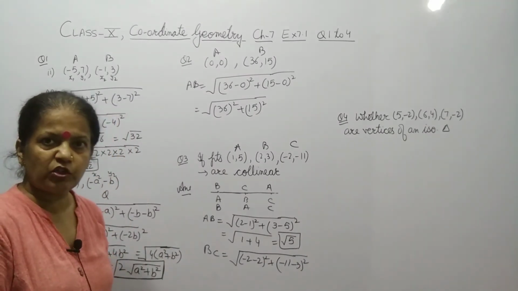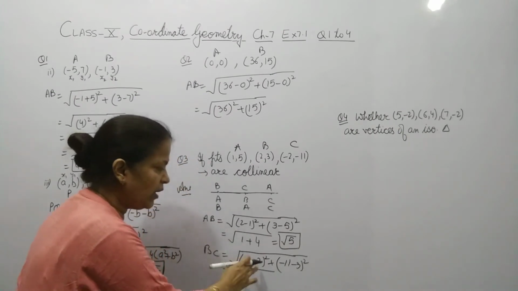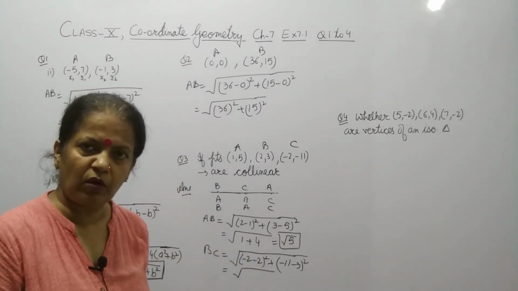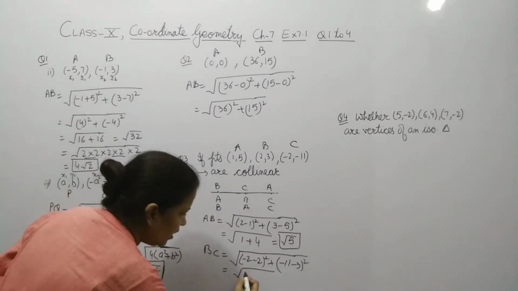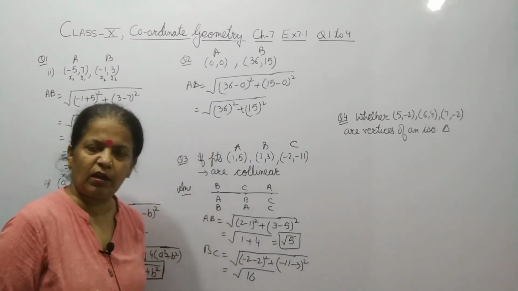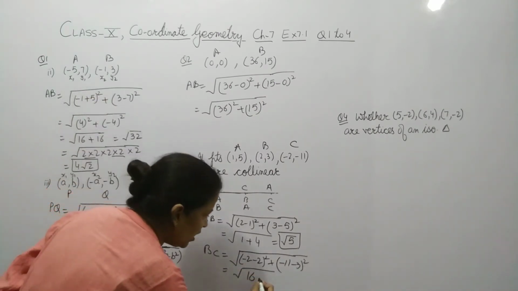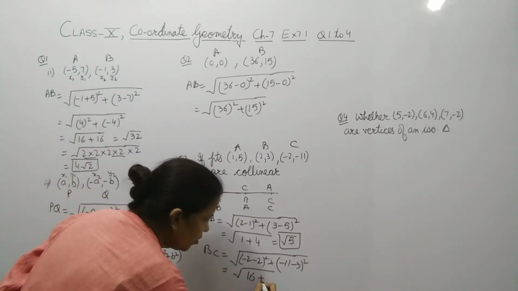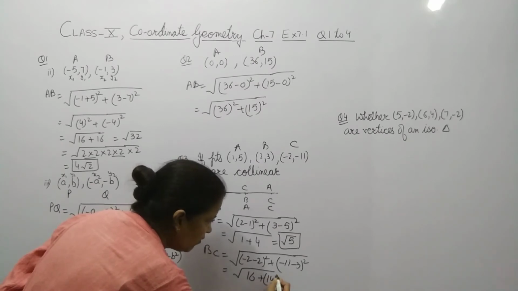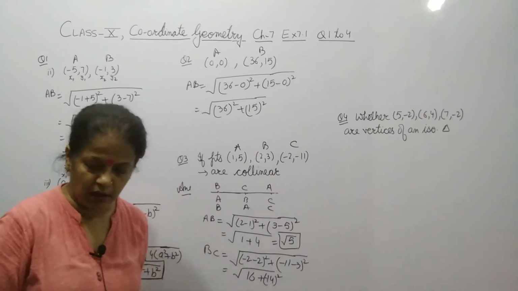Okay, so what it should be? Minus 2 minus 2 is minus 4. Minus 4 square means 16. And minus 11 minus 3, minus 11 and minus 3 is how much? Minus 14. So it is 14 square. Now we will go further.